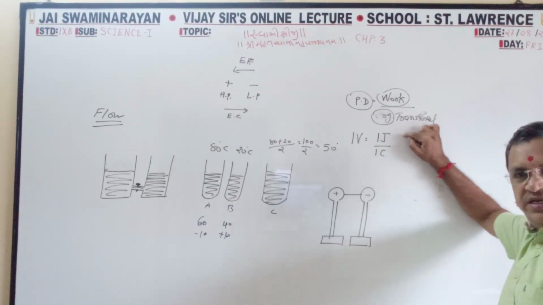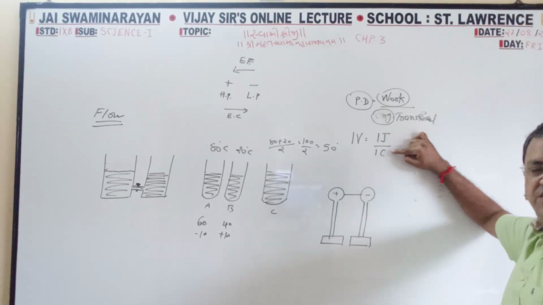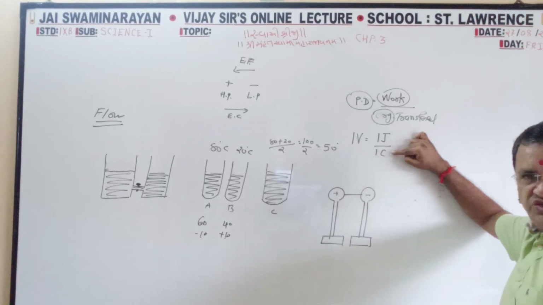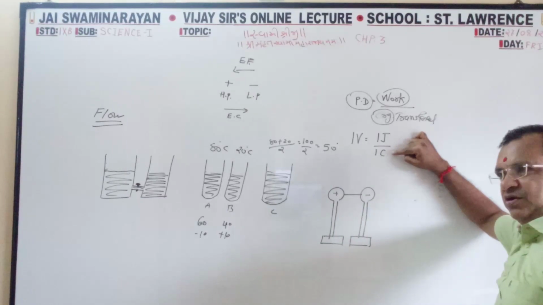When 1 joule of work is done by passing 1 coulomb of charge, the voltage is 1 volt.